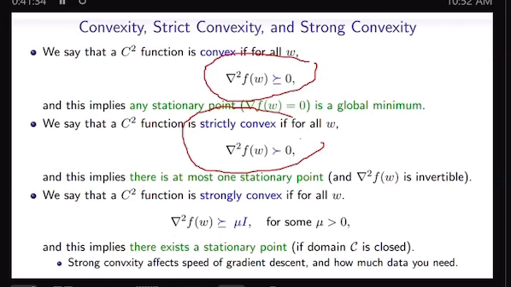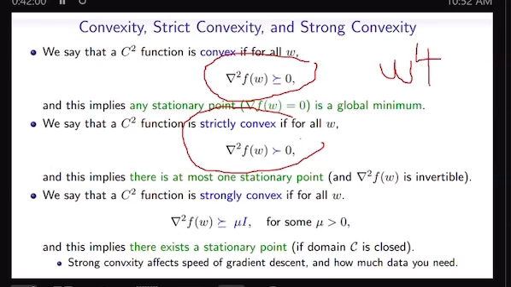A straight line is convex, but it is not strictly convex because there's no curve, and it is not strongly convex. An example of a strictly convex function is w raised to power 4. I'm going to show you.